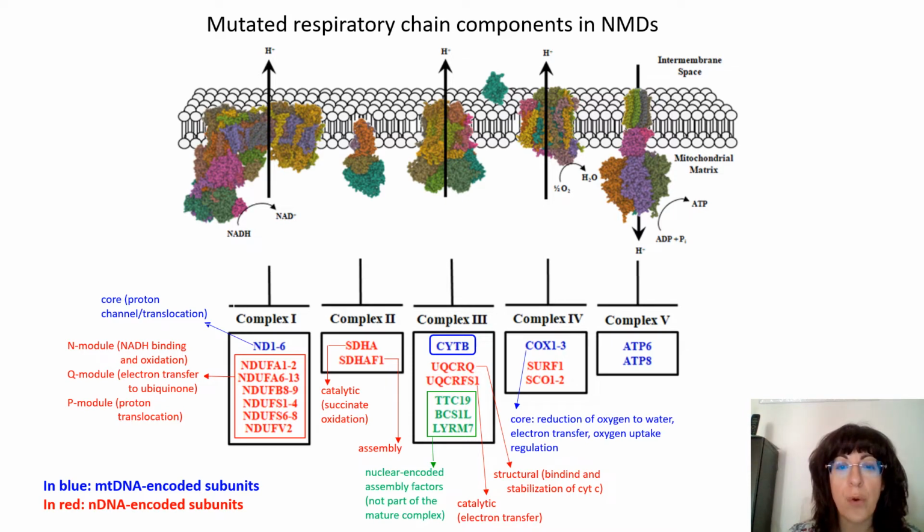In complex 4, mutations have been found in genes encoding core subunits of this complex and also in gene encoding assembly factors.